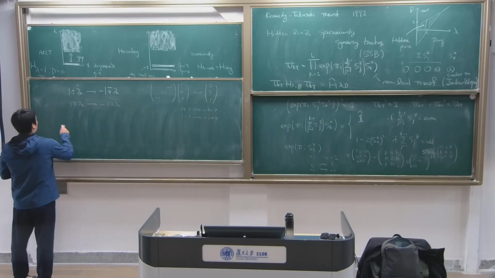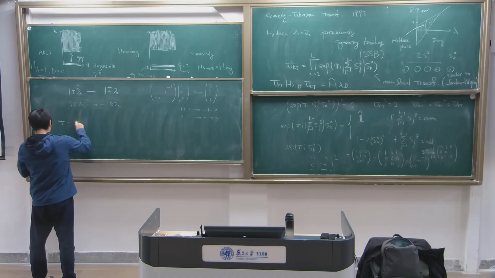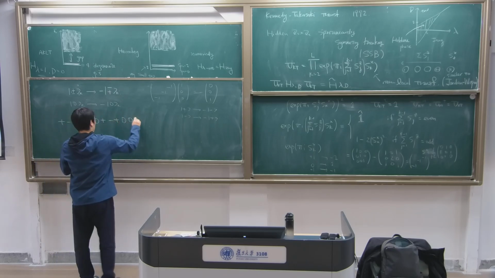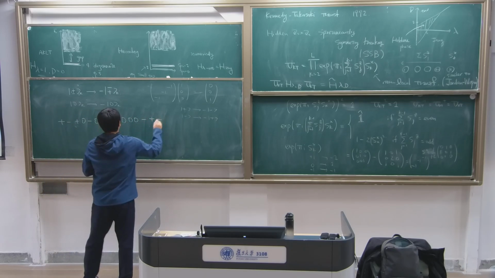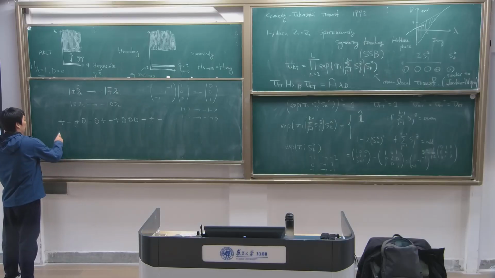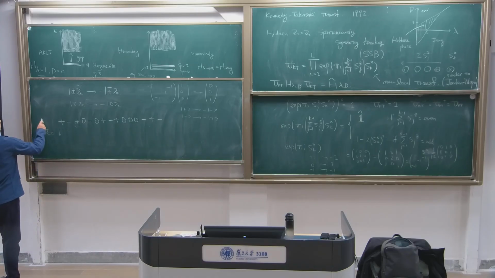Suppose you have a hidden anti-ferromagnetic order. And then let's apply it one by one. So if you apply this U_k to these states, let's call it sigma.